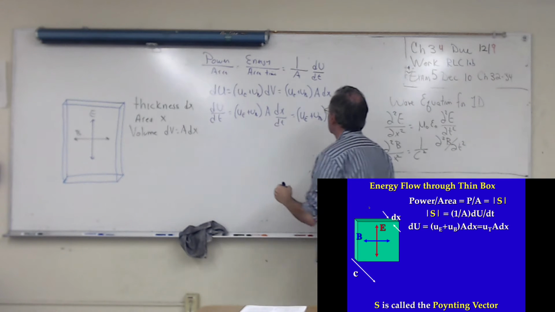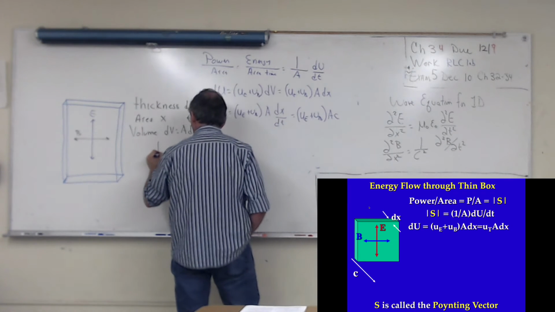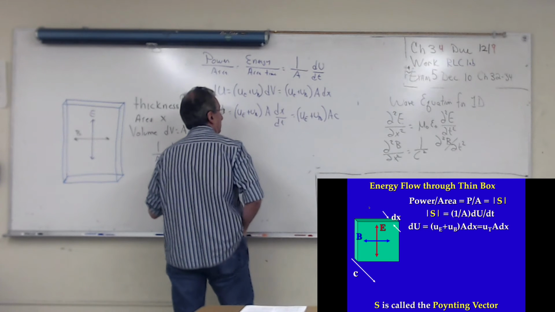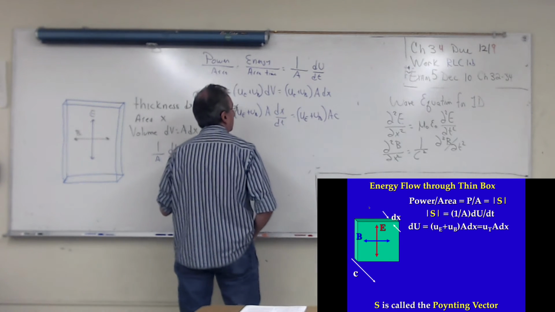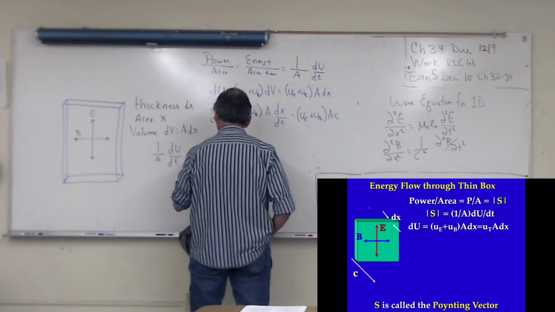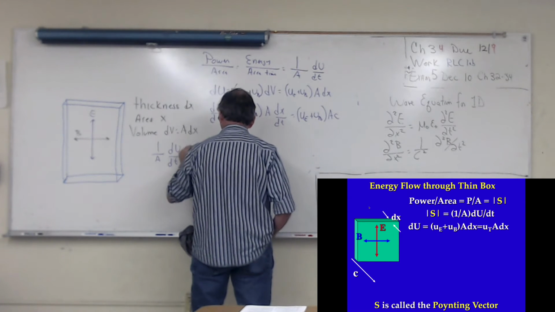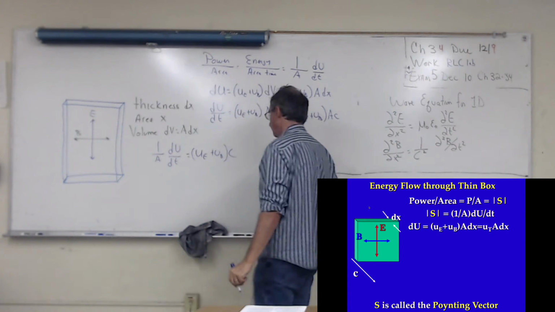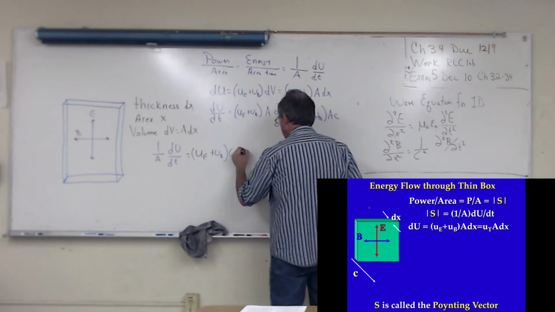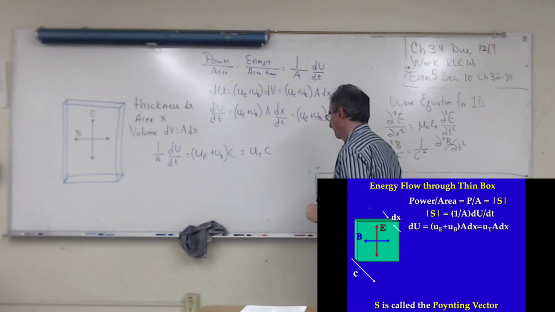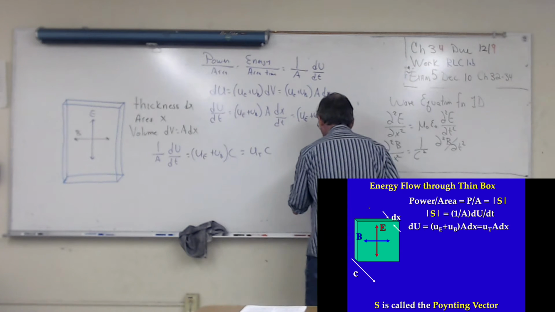And so 1 over A dU over dt is going to be equal to that, which is the total energy density times the speed of light. And we can write this a number of ways.